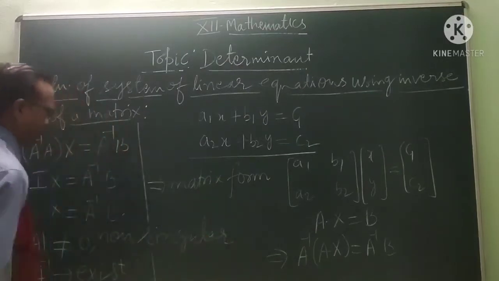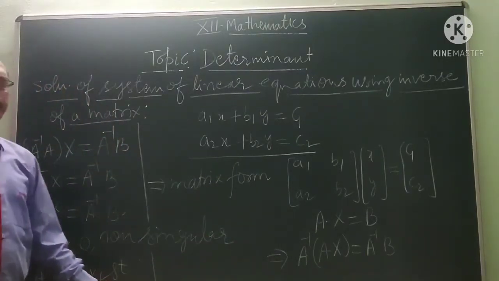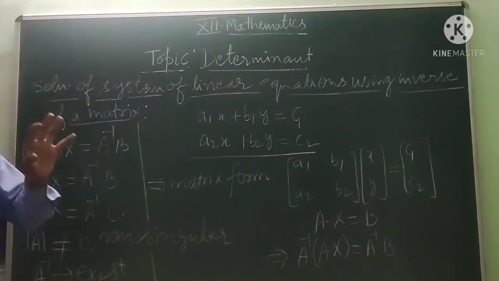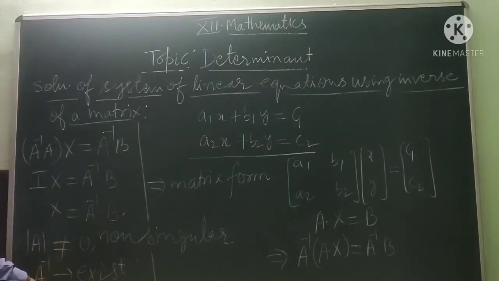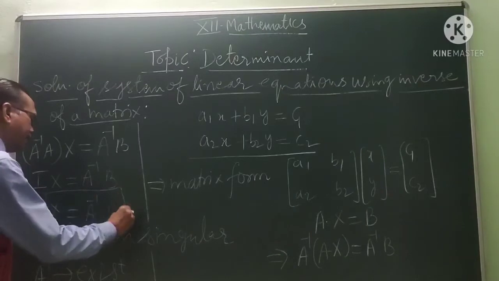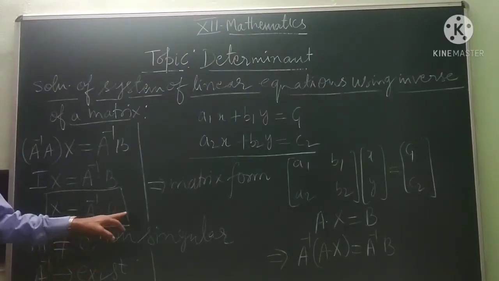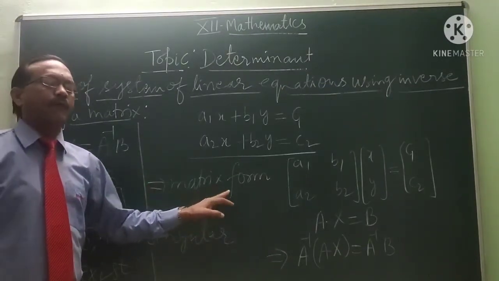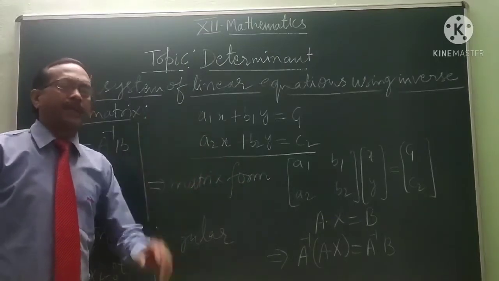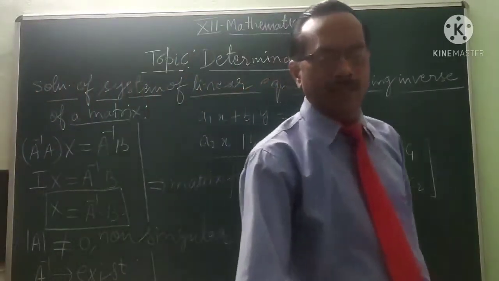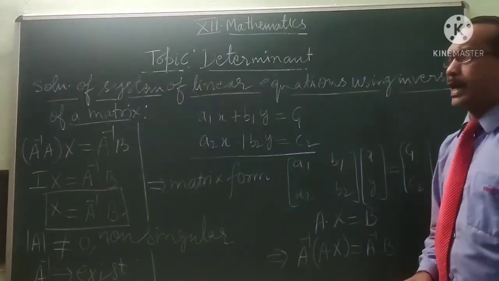When the matrix is non-singular, then its inverse exists. When the inverse exists, we will find A inverse. Then we multiply A inverse with the B matrix, and we will find the values of x and y on comparing the variables. Now see one example.